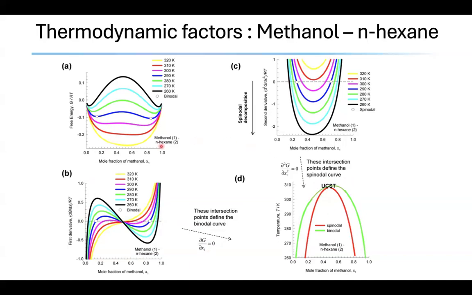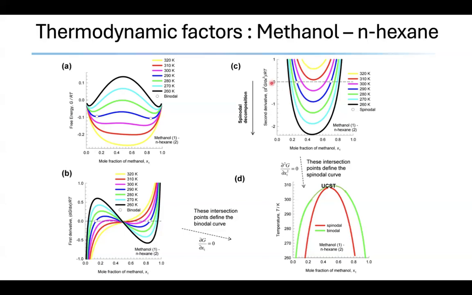You can do a similar exercise. You can once again pick the curve at 310 Kelvin, and instead of calculating the first derivative, you can calculate the second derivatives at each mole fraction of methanol for a given temperature. The result of one such exercise is shown in C. Now, you can repeat the exercise for many different temperatures.